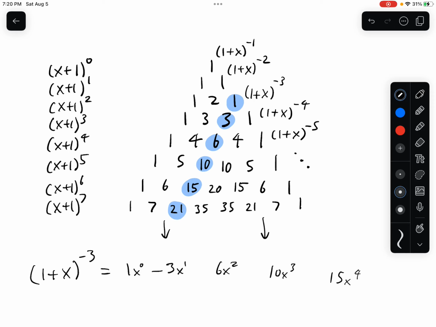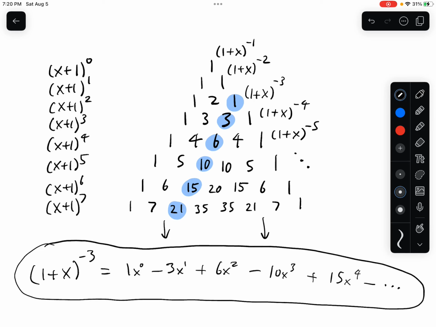Positive, negative, positive, negative, positive, negative. And we could do a little dot, dot, dot. And there we go. We found the power series representation of the function a lot quicker.